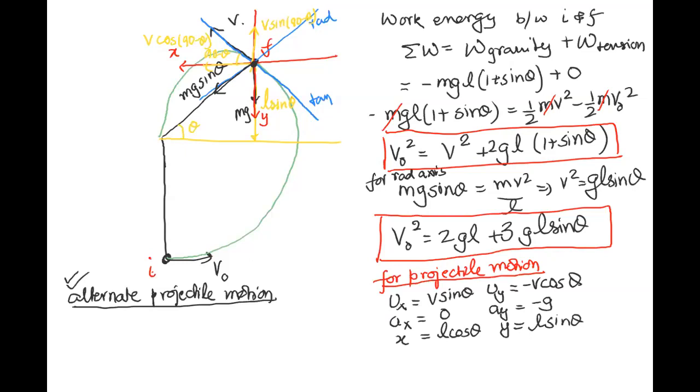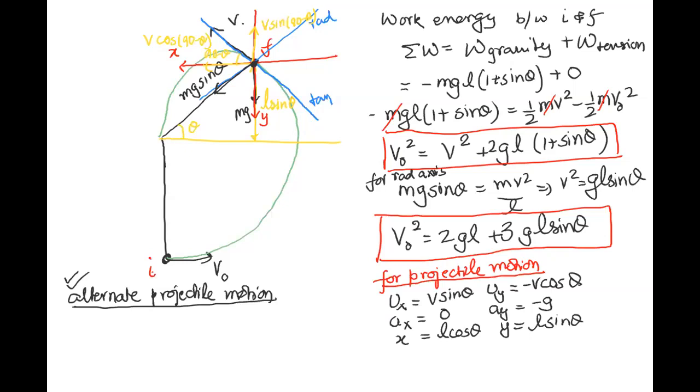But if you don't remember anything about projectile motion, all you remember is कि हाँ भाई ux, uy, ax, ay, x और y coordinates निकालते हैं और उसके बाद से x is equal to uxt plus half axt square कर देते हैं, y is equal to uyt plus half ayt square कर देते हैं. Then this is the way that you will do. So I'm not remembering anything.